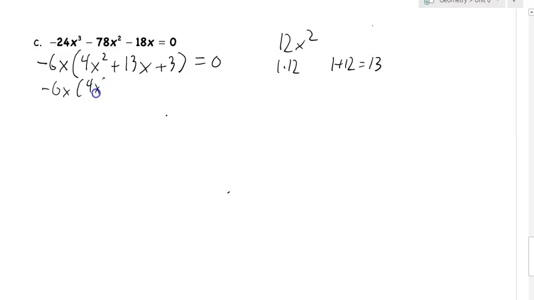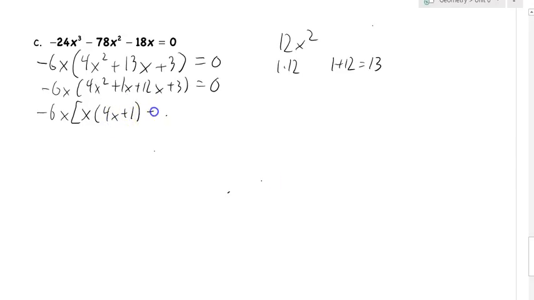And so we split our middle term up. 1x plus 12x plus 3. Most people like to change to brackets because we're factoring out what they have in common. We have a common x.